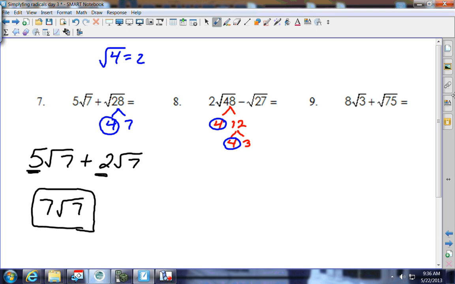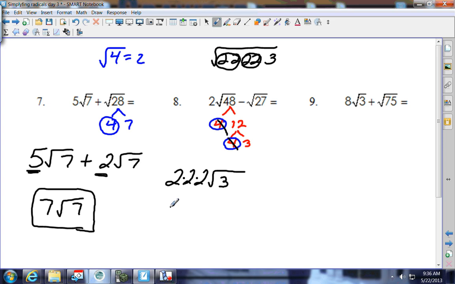So if I rewrite, the 2 is already out front. Now, the square root of 4 is 2. Square root of 4 is 2. That takes care of these. Now, again, you could still be writing these underneath the square root sign: 2 times 2 times 2 times 2 times 3, and doing the groups of 2. You can do that. What's left is the 3. That goes there. So 2 times 2 is 4, 4 times 2 is 8. I get 8 square root of 3 for the first one.